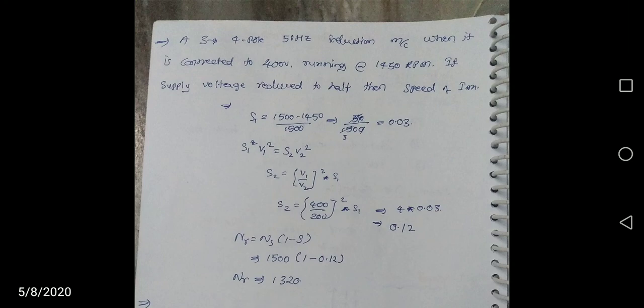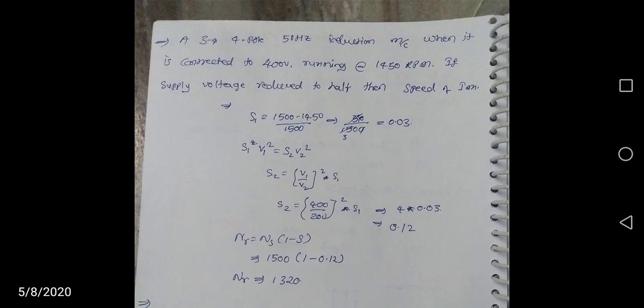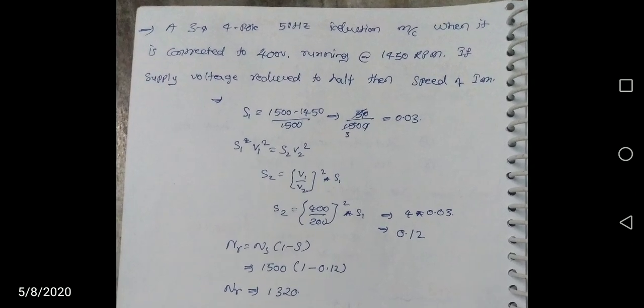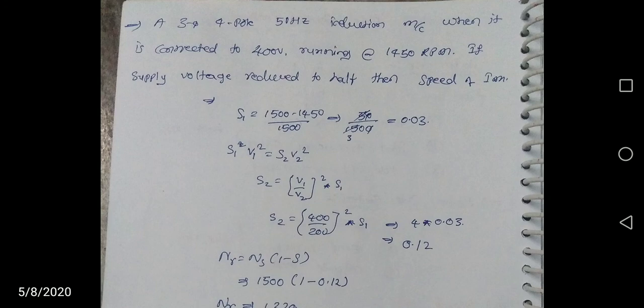So 400 volts is there, operating at 1450 rpm. If voltage is reduced to half, that means 200 volts, then what is the speed of the induction machine?